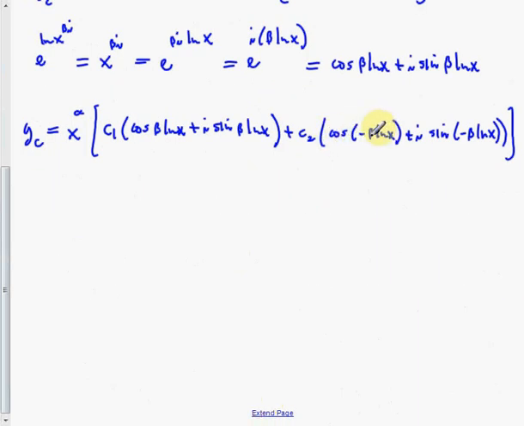Now the cosine of a negative is the positive, and the sine of a negative is the negation of that particular sine.